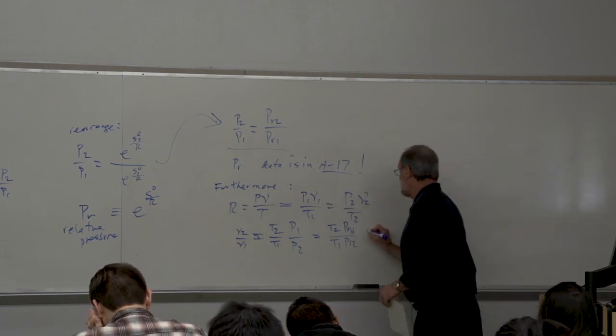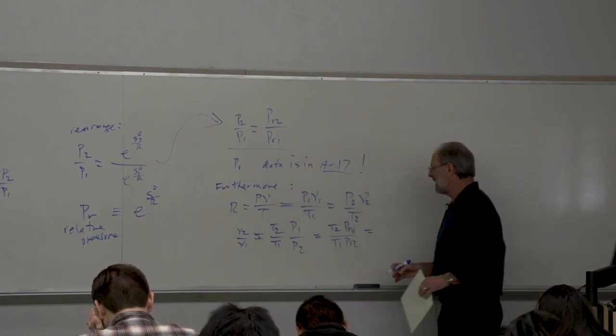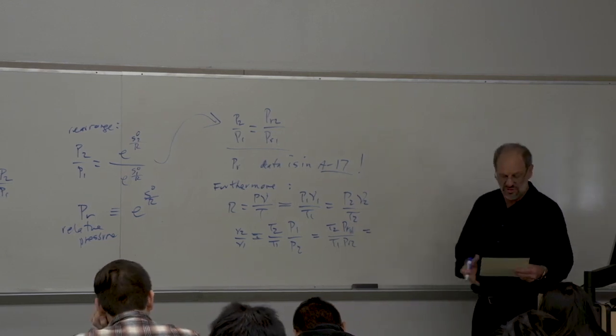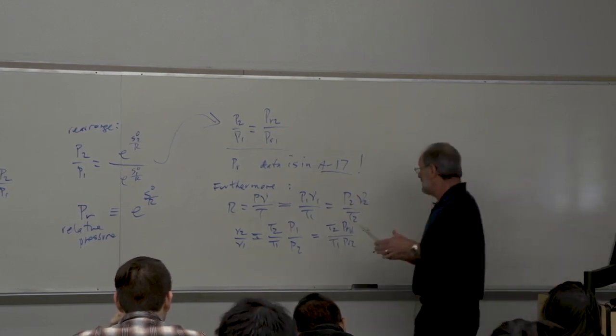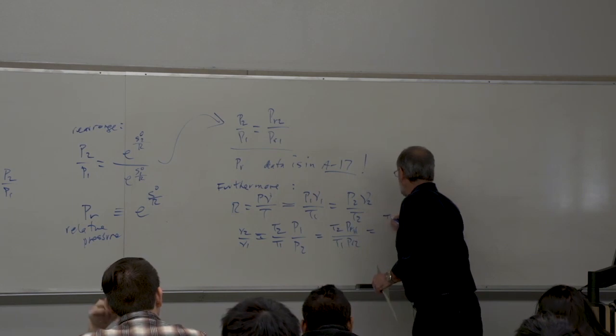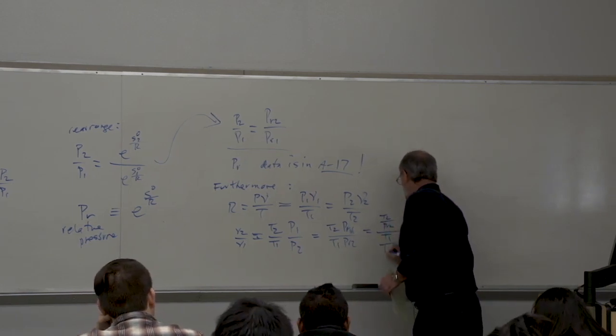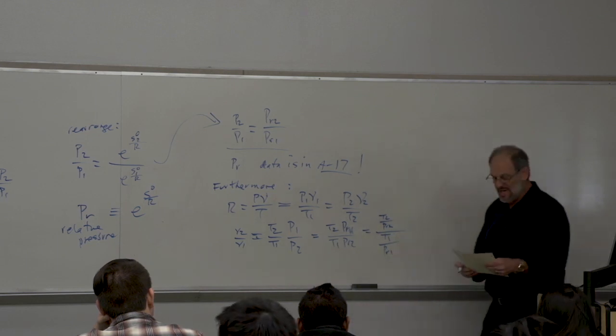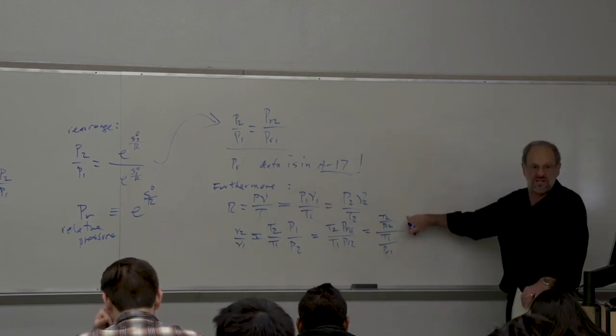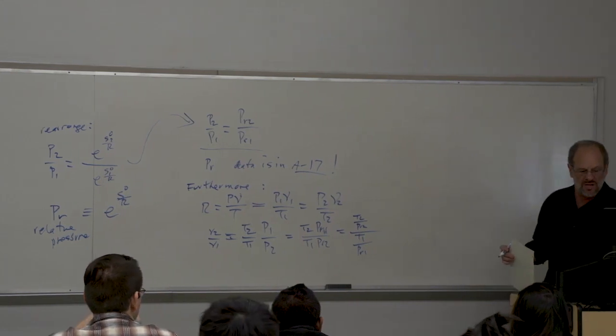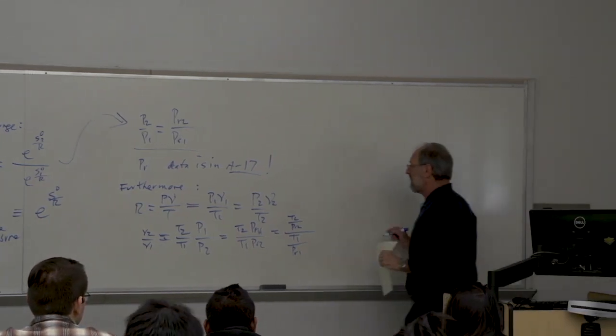And then just continue with this rearranging. We would like to put the point 2 terms and the point 1 terms together. So let's just show this as T2 over Pr2 divided by T1 over Pr1. And then this ratio of temperature to relative pressure, it too has its own name.